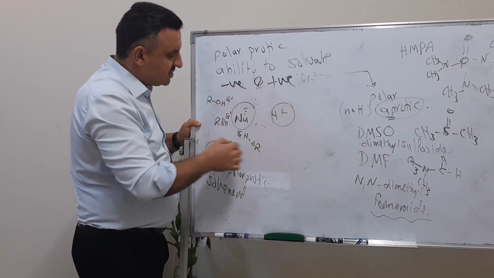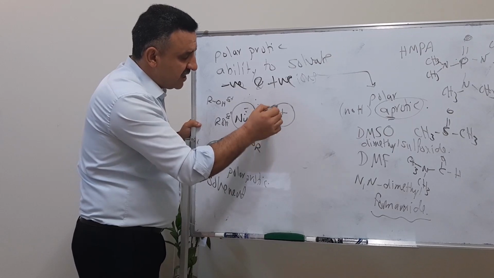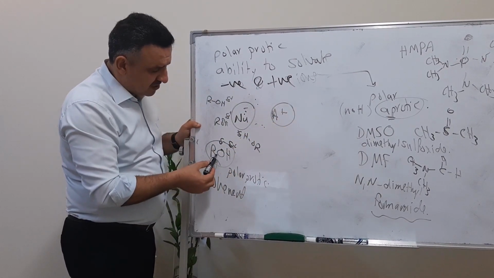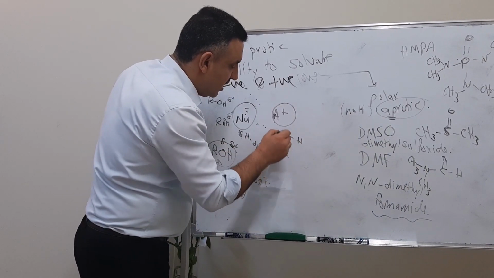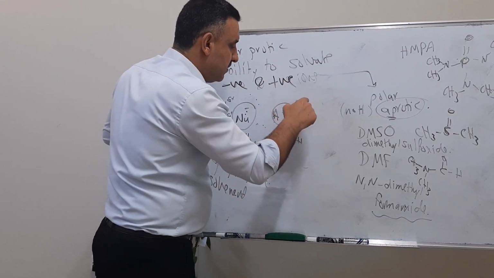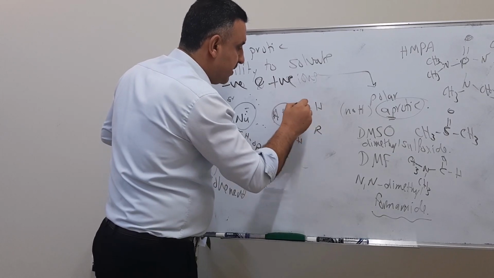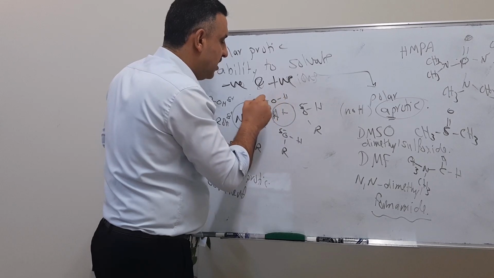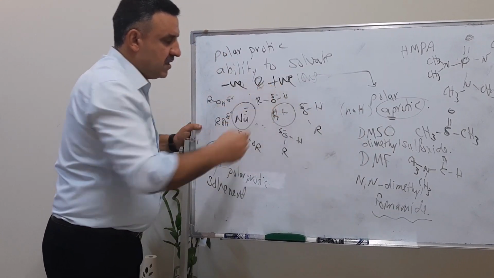That's what we call solvation. Similarly, the H plus will be surrounded by the partial negative part, the O of the ROH, and so on. Do you follow me?